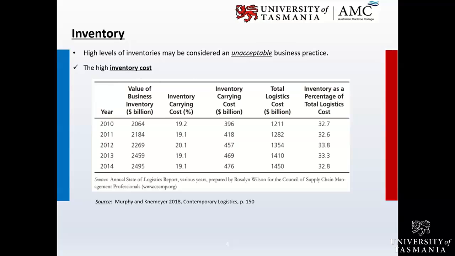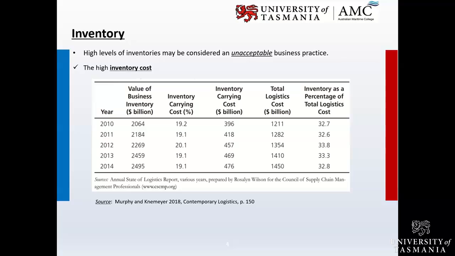Next, inventory carrying cost in terms of billion dollars. Then total logistics cost in terms of dollars, billion. The last column shows inventory as a percentage of total logistics cost.